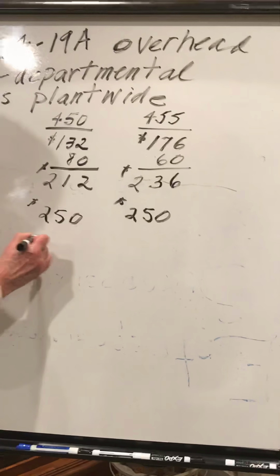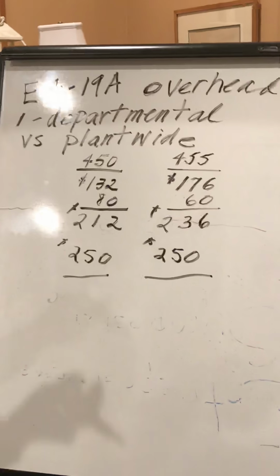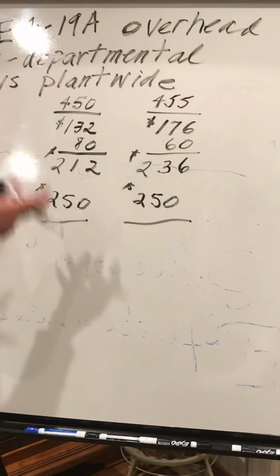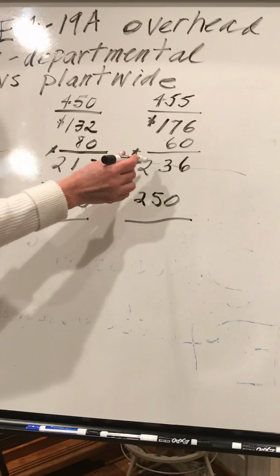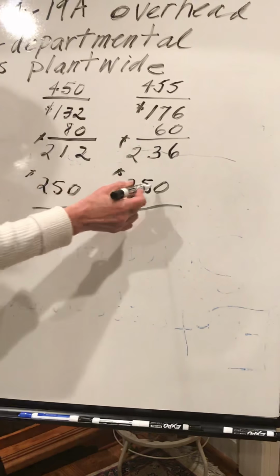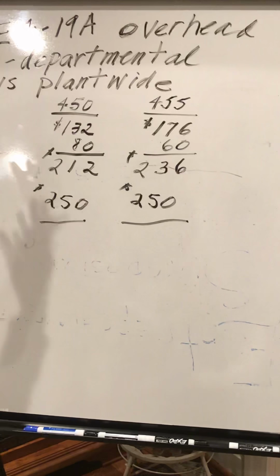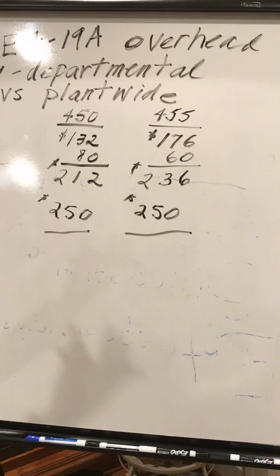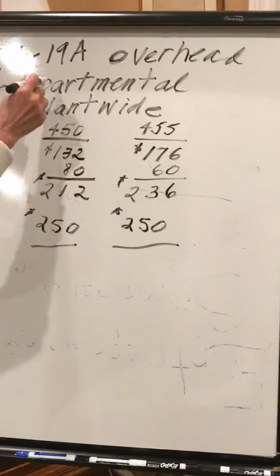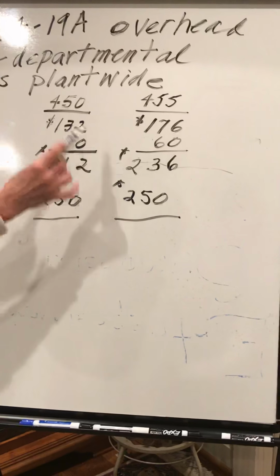So, well, why do we care? Well, we care because these jobs require bids. So if this company has overcosted these and they want a 25% markup and they use this, their price will be way above what it really should be, and they probably won't get the job. And so this is the point of this comparison of departmental rates to a plant-wide rate.